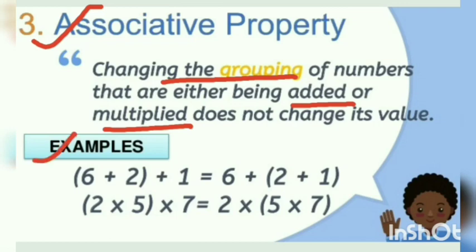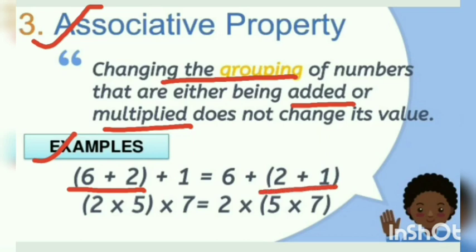Here is the first example. We have taken A as 6, B as 2 and C as 1. So, firstly we group 6 plus 2. 6 plus 2 is 8, then 8 plus 1 is 9. Now see the RHS side. On the RHS side, we group 2 and 1.